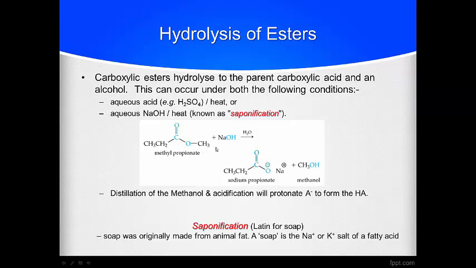We've got sodium hydroxide, and we're making the carboxylate anion. And we've got our OR being produced, so our alcohol. What you could do here is then distill off your methanol and acidify this to get your charged species into the carboxylic acid form, so a carbonyl with an OH.